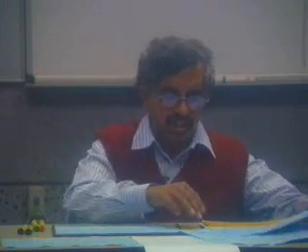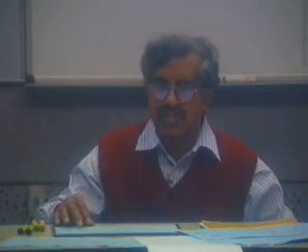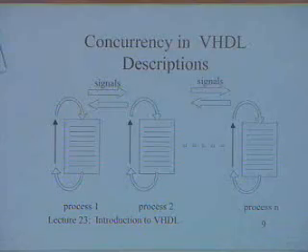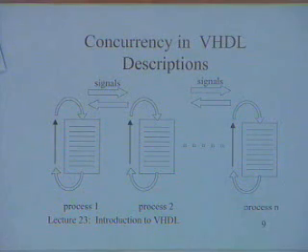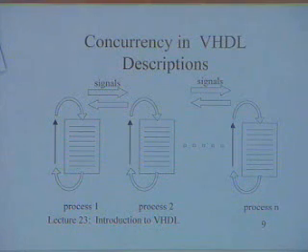So let's talk of the concurrency. The concurrency basically comes in VHDL by looking at what are called processes. Every VHDL complex description consists of a number of processes. And these processes are primarily non-terminating.